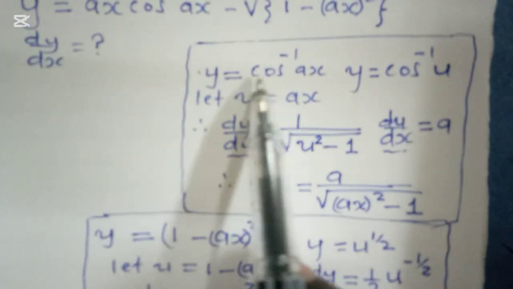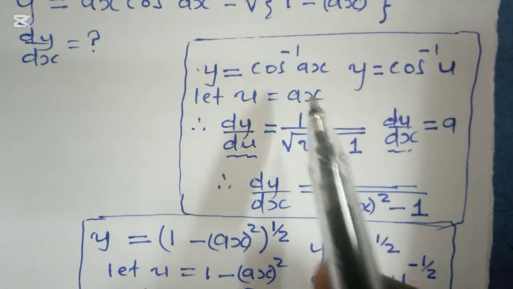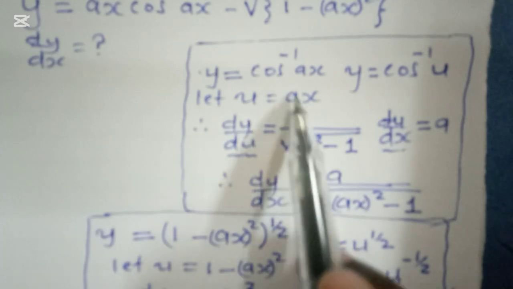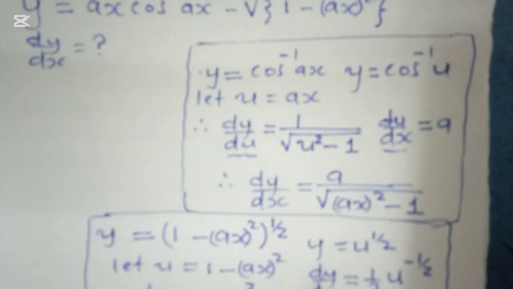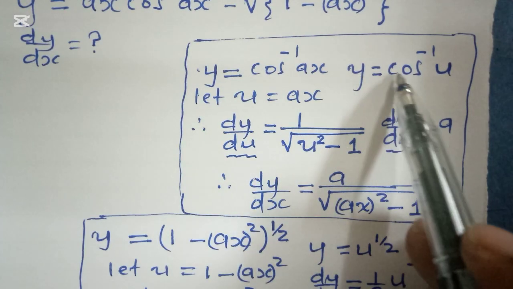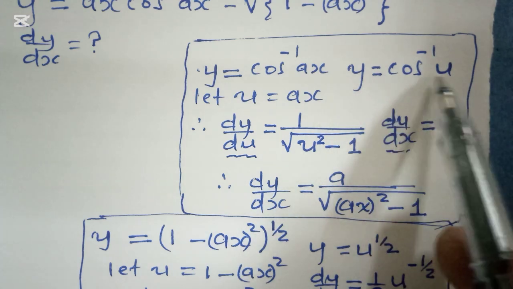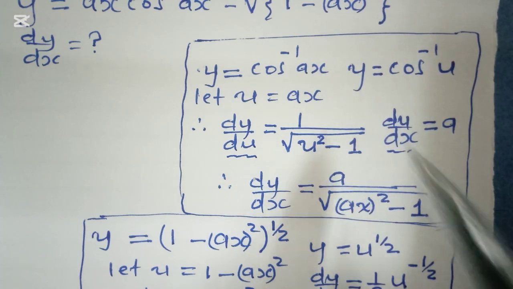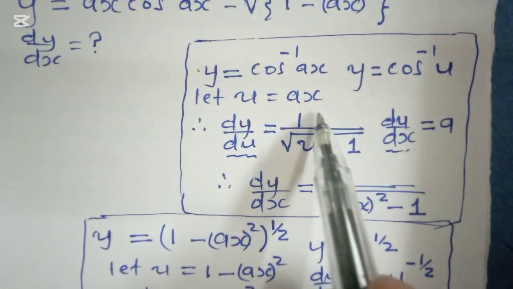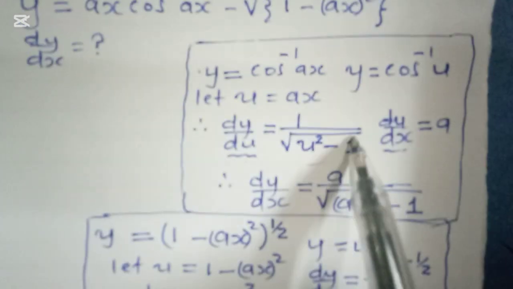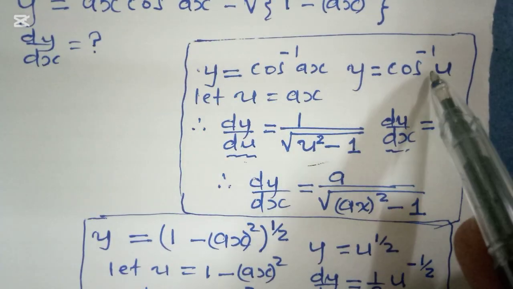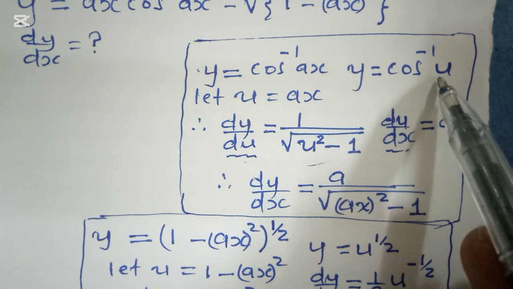We have said y is equal to that, and so I have said let u be equal to ax, so that we are going to have y is equal to cos inverse u. We differentiate that and we shall get this. This is dy du, and this is cos inverse u that we have differentiated.